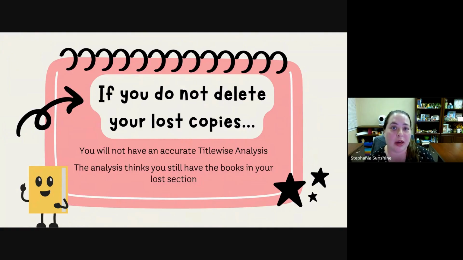So if I know that I had 10 Diary of the Wimpy Kids, 5 of them are lost, the system's still going to think I have 10 Diary of the Wimpy Kid books until I delete those 5 out of the lost. So deleting your lost books at least once a year is very important to keep your catalog updated, because that's where you're going to get the most accurate numbers.